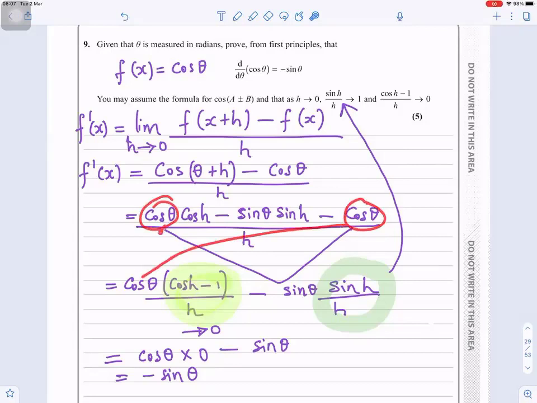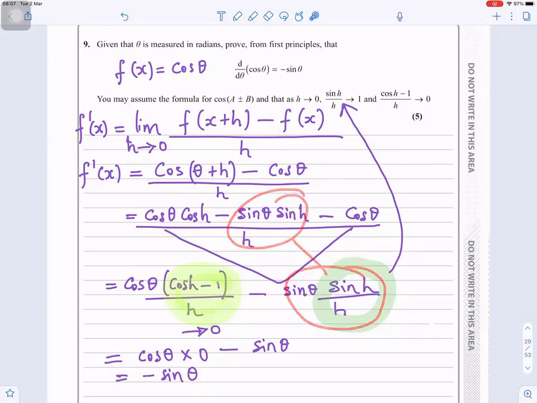It comes out of the bracket. We have cos h and then minus 1 there divided by h. Minus, we can have sine theta sine h divided by h. But we are told that sine h over h tends to 1.